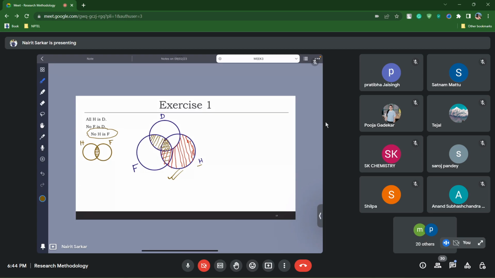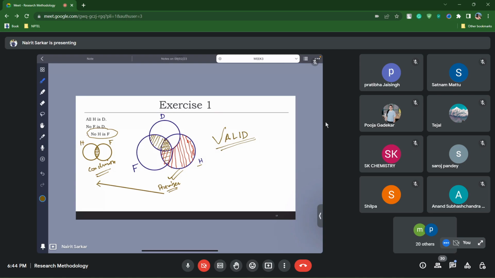So this was our conclusion and this was our premises. From the premises we already got the conclusion, so we can say the syllogism is valid.